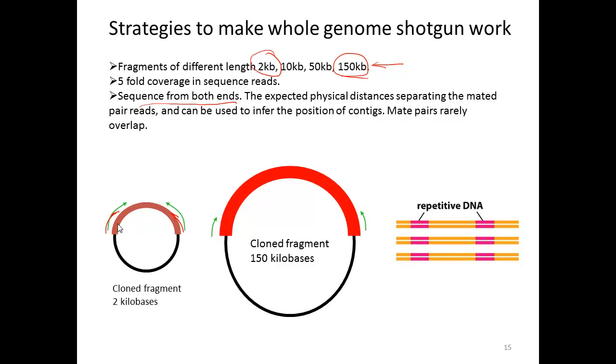We know that when we sequence these two and we put them together, this portion and that portion is going to be approximately 2,000 bases. You don't know that to base pair resolution, but it's approximate. Whereas if you have some fragments that are 150 kilobases, when you sequence this side and this side of the plasmid, you're going to have these two separated by about 150 kilobases.